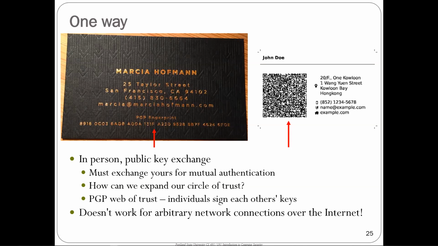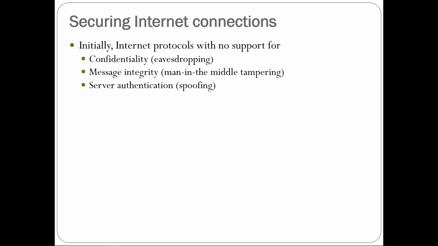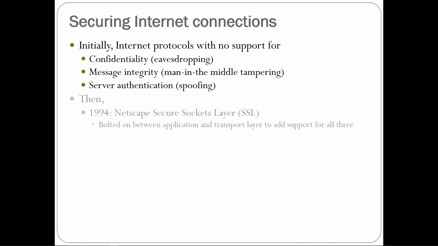The problem is when we developed the internet, we did not care about confidentiality. We didn't care about message integrity. We didn't care about server integrity, identity, source integrity, or server authentication. And so all of the internet protocols had these problems to begin with. In 1994, when the World Wide Web was taking off, Netscape developed the Secure Sockets Layer to try to address this for all of the application protocols that the internet was using.